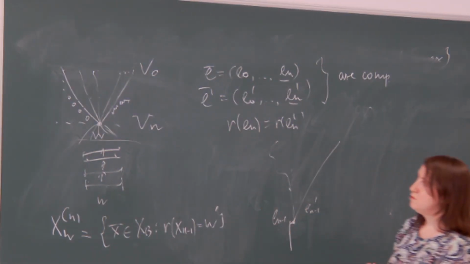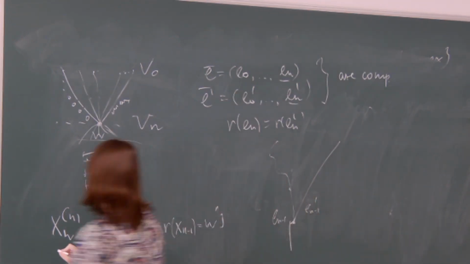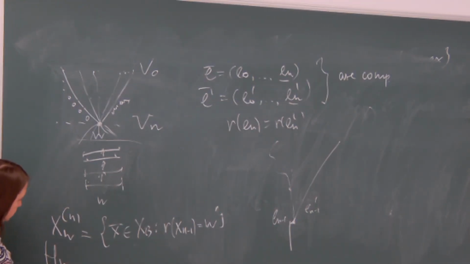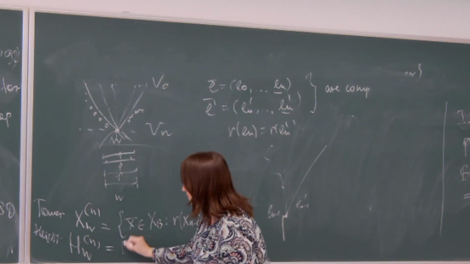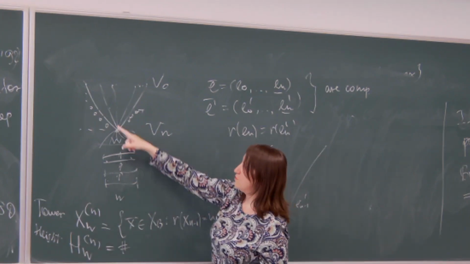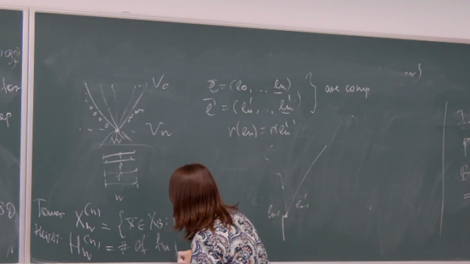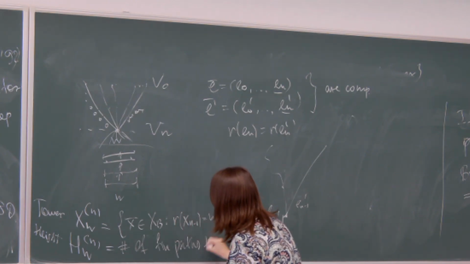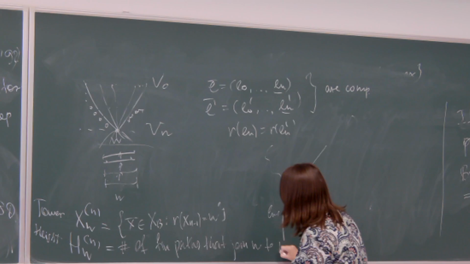And then there is a notion of the height of a tower. It's the number of levels. The height is denoted by h_w^n. It's the number of finite paths that join w to V_0.